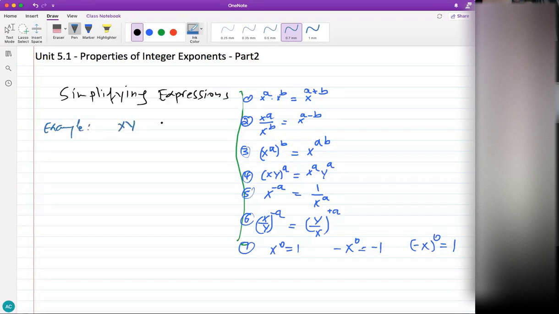For example, this times something, not just one variable, one base. We could have multiple here, and we could have some powers like 2 to the power 3, 4, and we want to multiply these. It might be like this, or it may be expressed in parentheses like this. This is just this times this.